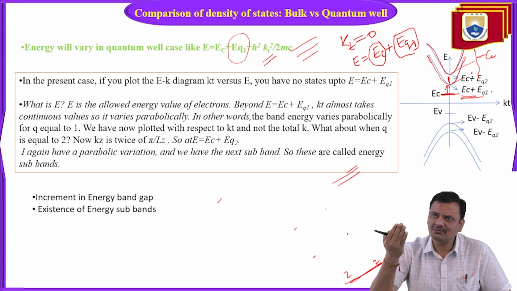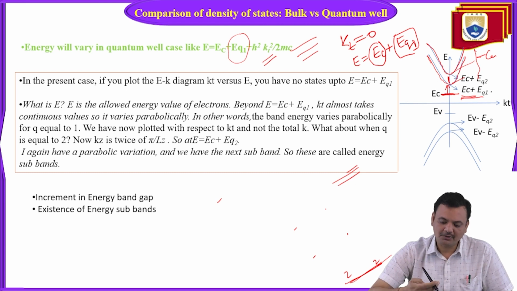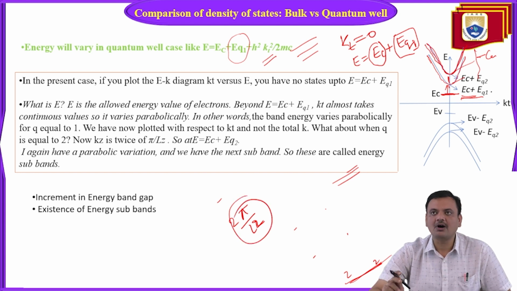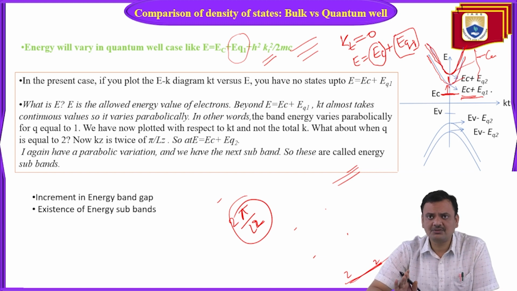Because you can take another value of kz, that may be 2 pi upon Lz, and correspondingly this energy value will occur. Okay. So from this discussion, what did you get?